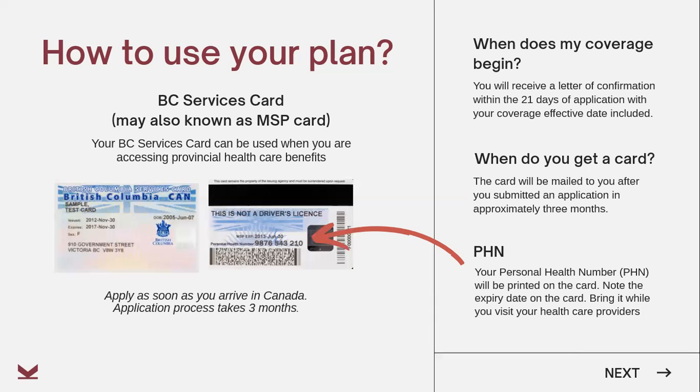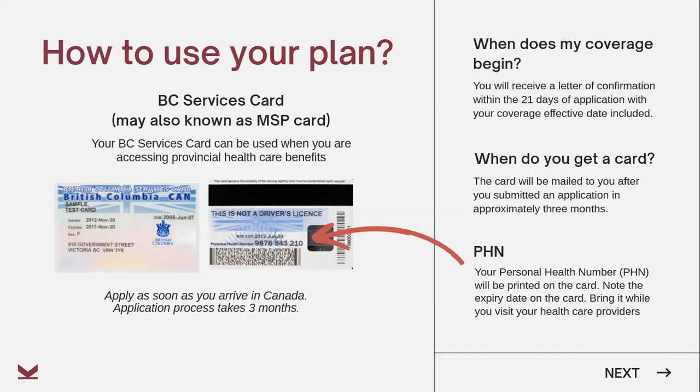So please note the expiry date. Like I said previously, it should match your study permit expiry date, okay? And when does your coverage begin? So after you apply, you should receive a letter of confirmation within the 21 days of application with your coverage effective date included, okay? So with that letter, you should know when your coverage begins, okay?